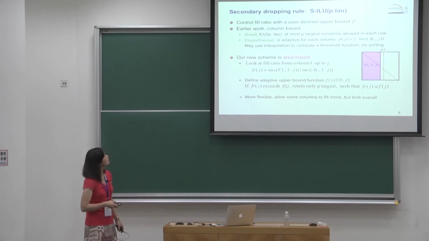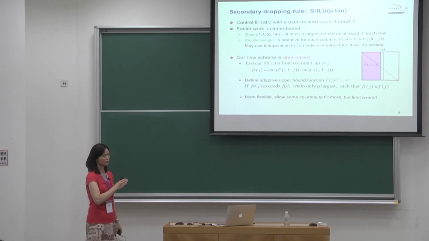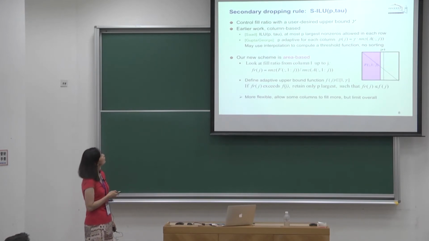And we find that it's very restrictive, because throughout the factorization, the size of the values among different columns actually varies. It's not so uniform. So if you use a strict, constant dropping, it's not very reliable.